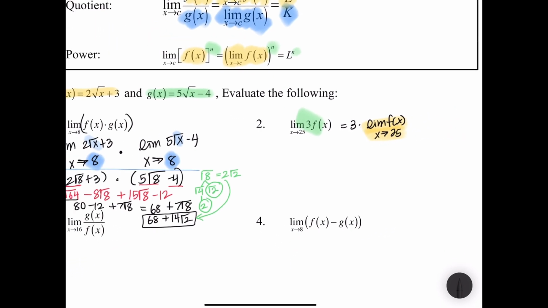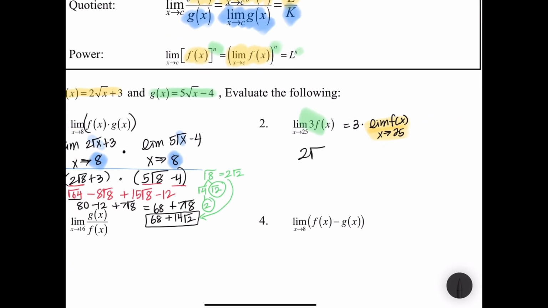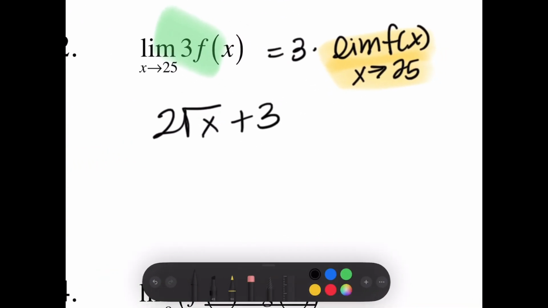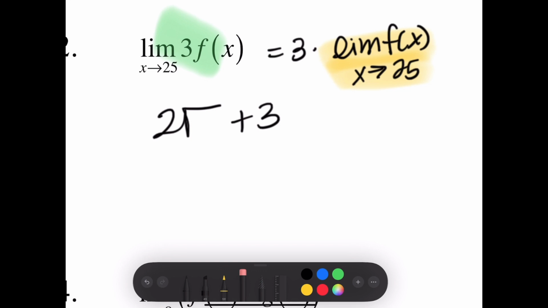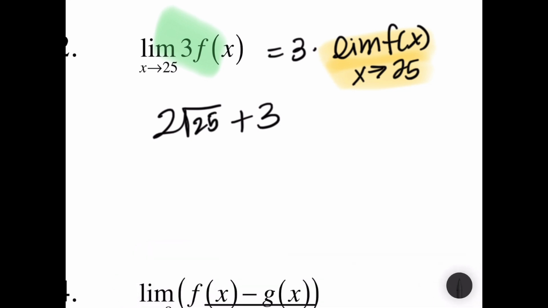Again, my function of f of x is 2 radical x plus 3. And instead of x, I'm plugging in 25. So in here goes 25. Okay, so 2 times the square root of 25 is, the square root of 25 is 5. So 2 times 5 is 10 plus 3 is 13.